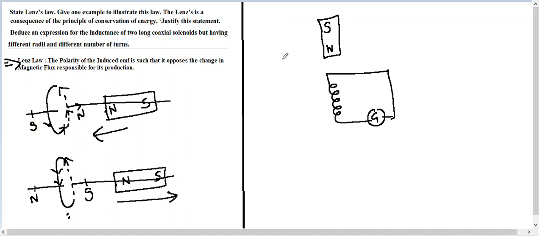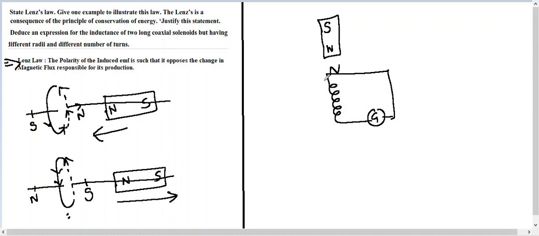So when the north pole of the bar magnet is moved towards the coil, the upper face of the coil acquires north polarity. That means here it is going to form a north in this direction. Therefore, work has to be done against the force of repulsion in bringing the magnet closer to the coil.